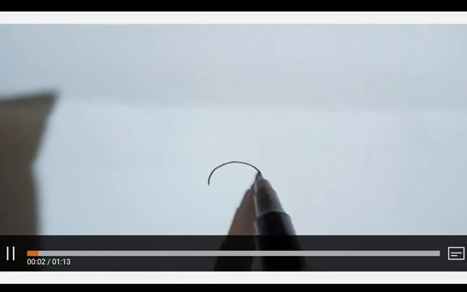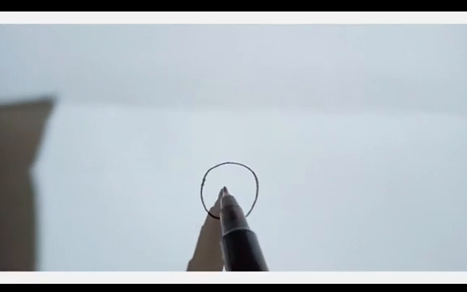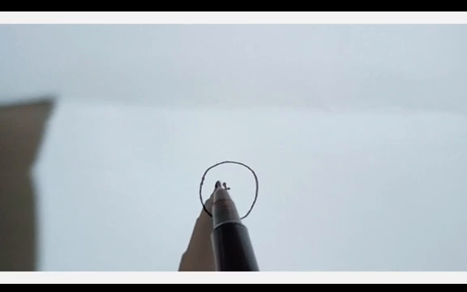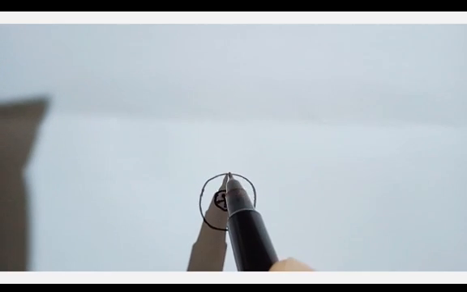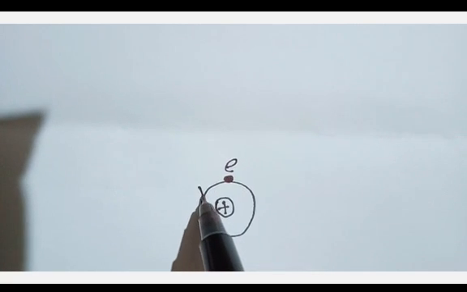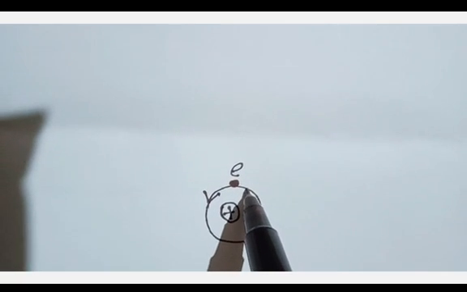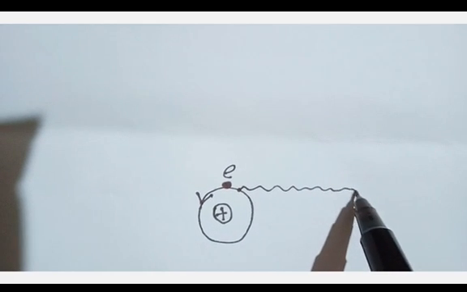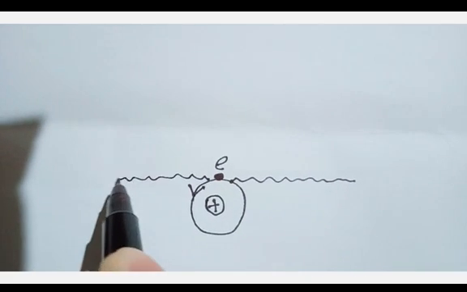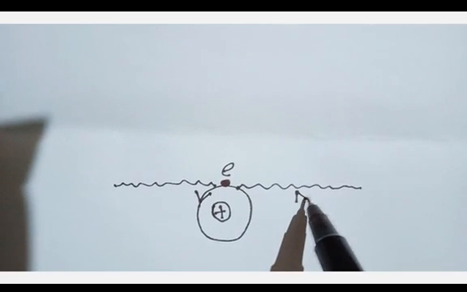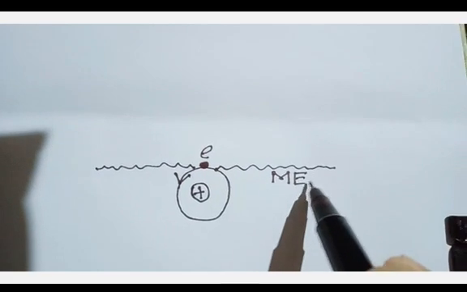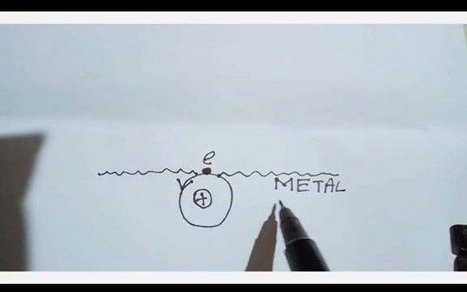So I am drawing an atom. Here is the nucleus of that atom, and there is an electron e which is revolving around the nucleus. Now, if that atom is on the surface of a particular metal, what is going to happen? Light is going to fall upon the metal surface.